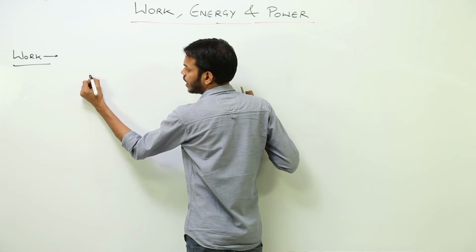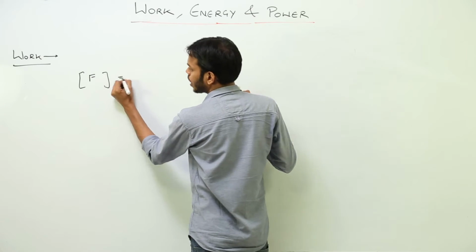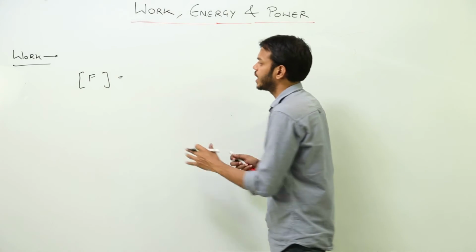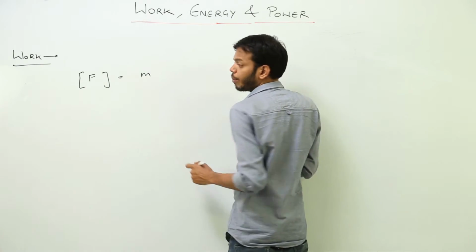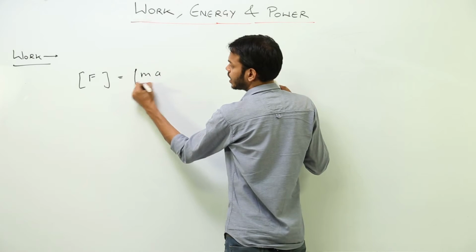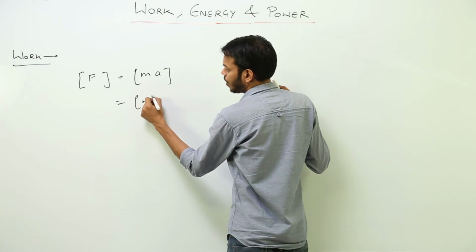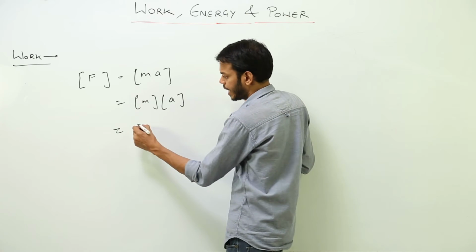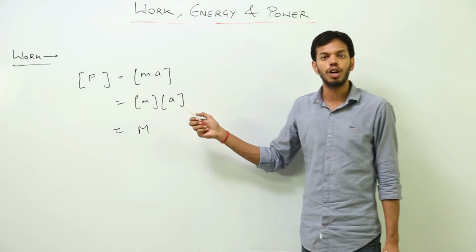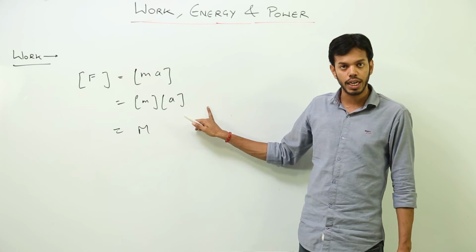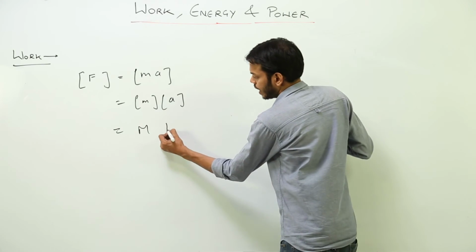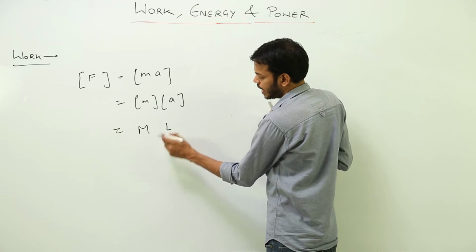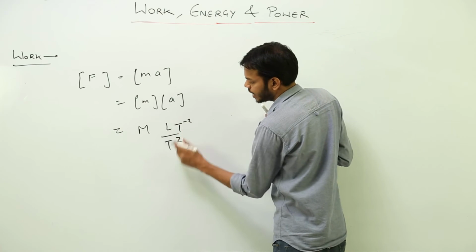I want to write the dimensional formula of force. This is how we denote the dimensional formula, by putting the physical quantity into square brackets, right? So what is the formula of force? Mass into acceleration. That means the dimensional formula of mass into the dimensional formula of acceleration. Mass is represented as M. Acceleration, the SI unit of acceleration is meter per second square. Meter is length, per second square is T square, so this becomes T minus 2.